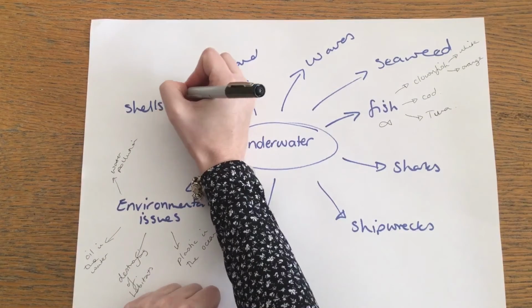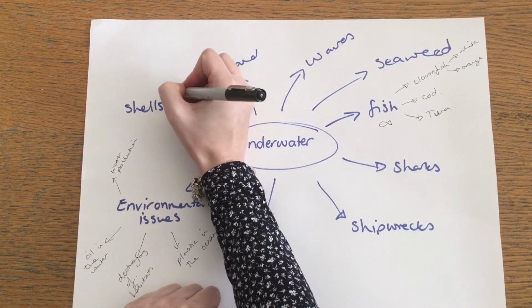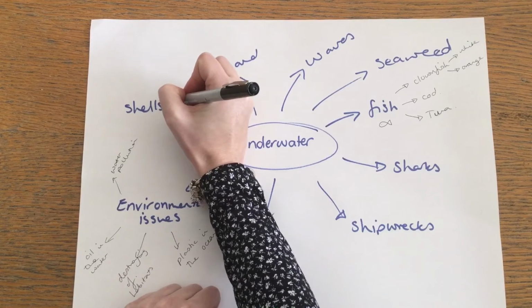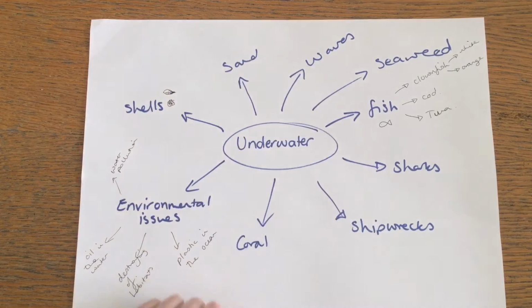It might be that you want to add colour to your work as well. So really try and expand on this as much as you possibly can for this mind map to thoroughly show your understanding of the theme.